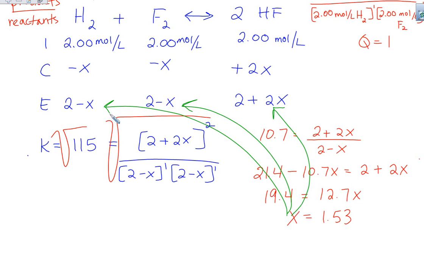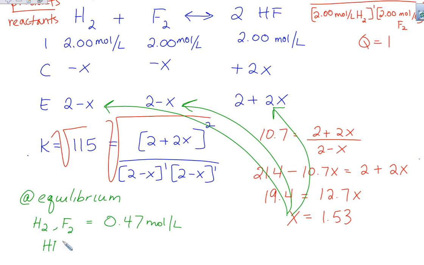Okay, so my 2 reactants will be the same at equilibrium. Hydrogen and fluorine will be the same. They will be 2 minus x, which would give me about 0.47 moles per liter. And then my product, my hydrogen fluoride, is 2 plus 2x.